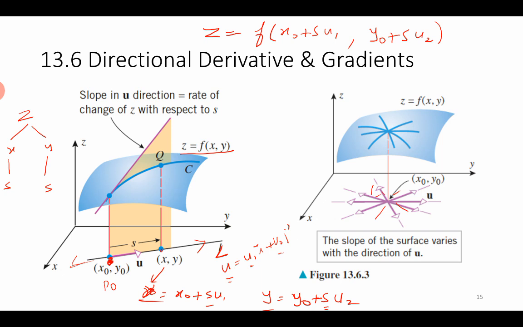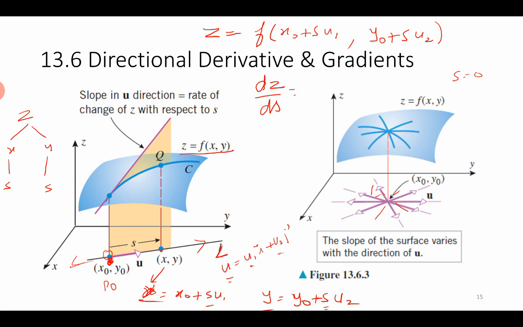So here again we can use the chain rule to find the derivative of z with respect to s. When you find the derivative of this function and take s equal to 0, you get the instantaneous rate of change of z at this point in the direction of u. This is our directional derivative.